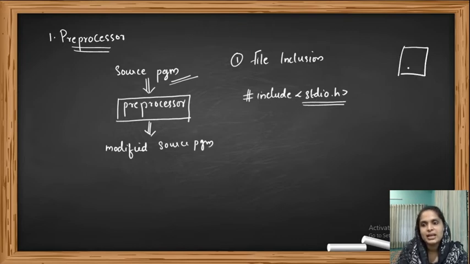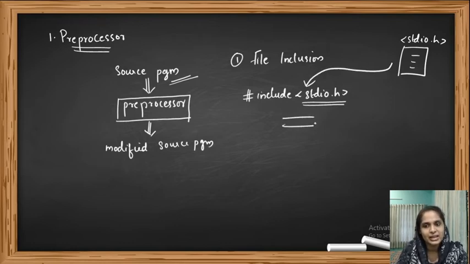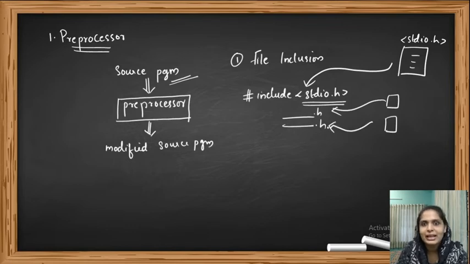Suppose this is our stdio.h header file. The preprocessor will include this file into our program. Suppose we have 2 more header files, then the preprocessor will include those files also into our program. That is what we meant by file inclusion. Okay, so that is the first task of the preprocessor.